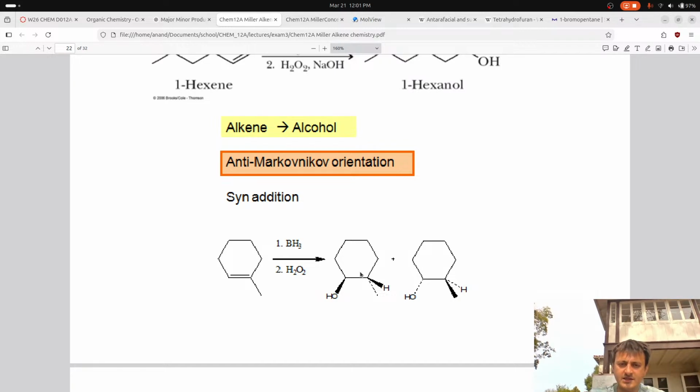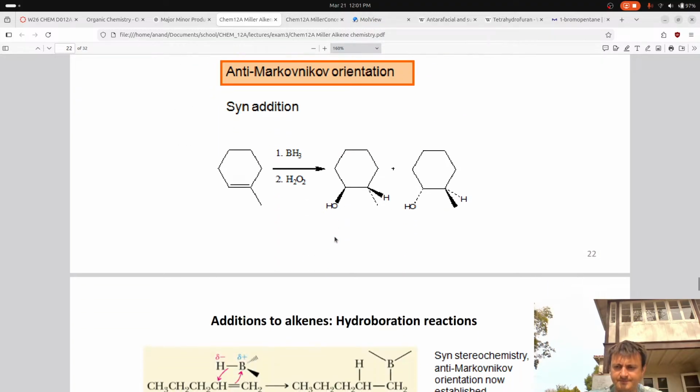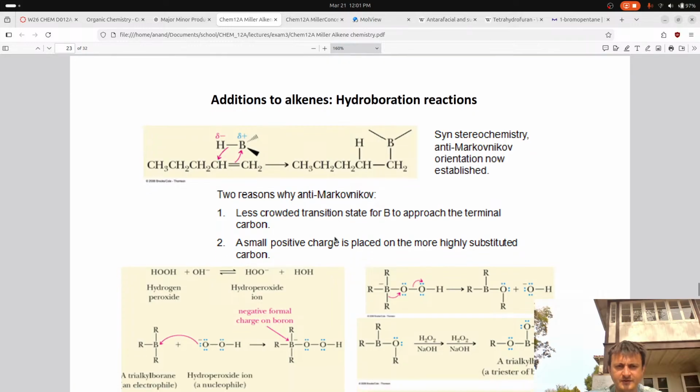Syn, anti-Markovnikov, hydration reaction. That's hydroboration. All right. Additions to alkenes, hydroboration reactions.